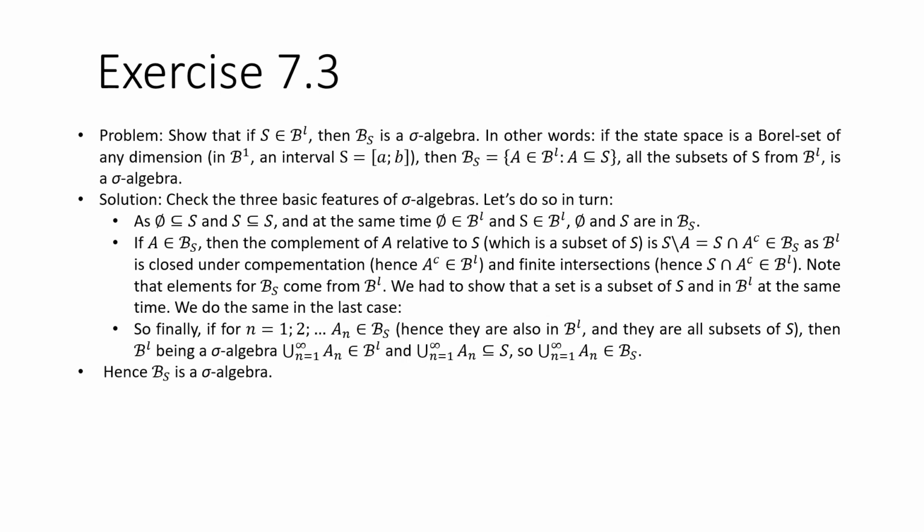We need to do this in the remaining two cases, in the case of the remaining two features. So in the end, the family of subsets of a closed interval, any closed interval, is a sigma algebra. That's all to that.